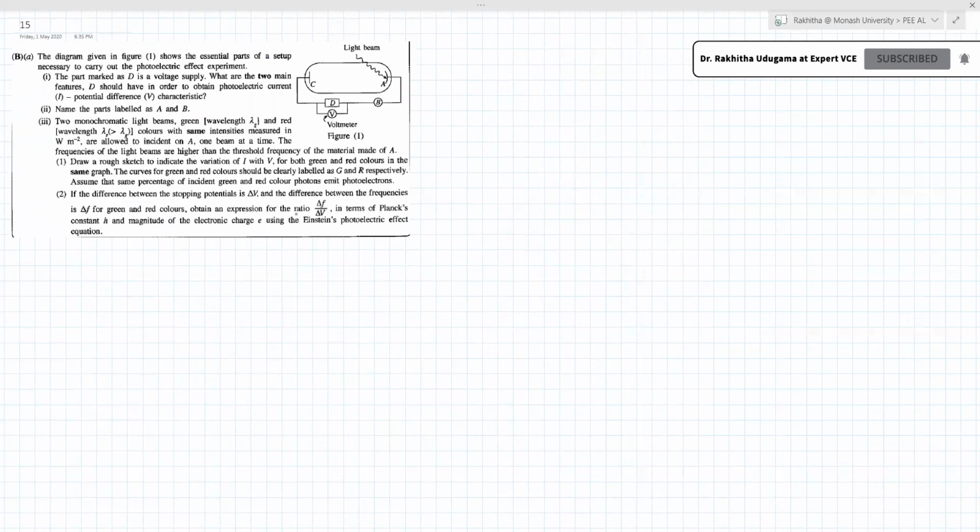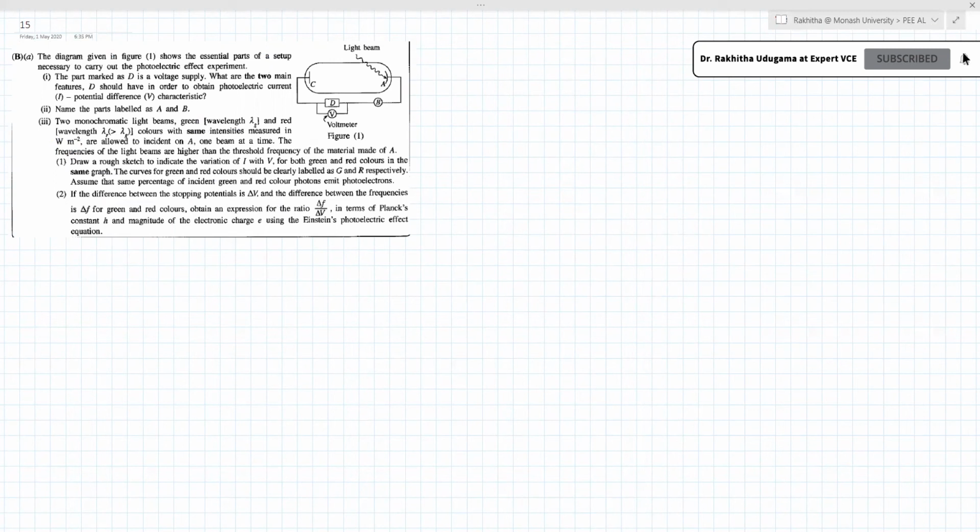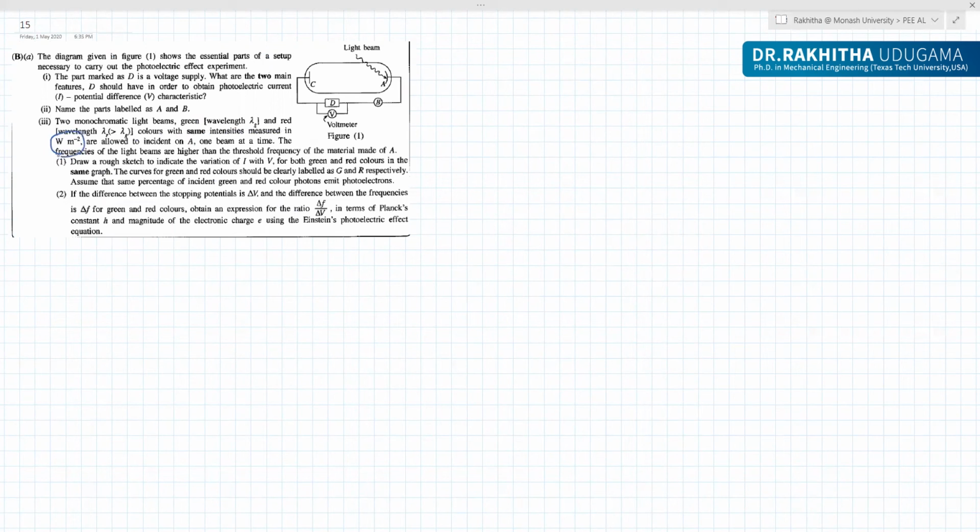I gave a review on that, and there you can see the way I drew the V-I characteristic curve is a little different here because I took there the photon intensity. If you read the question carefully, you can see same intensity is measured in this. If you miss this one, we are doomed.